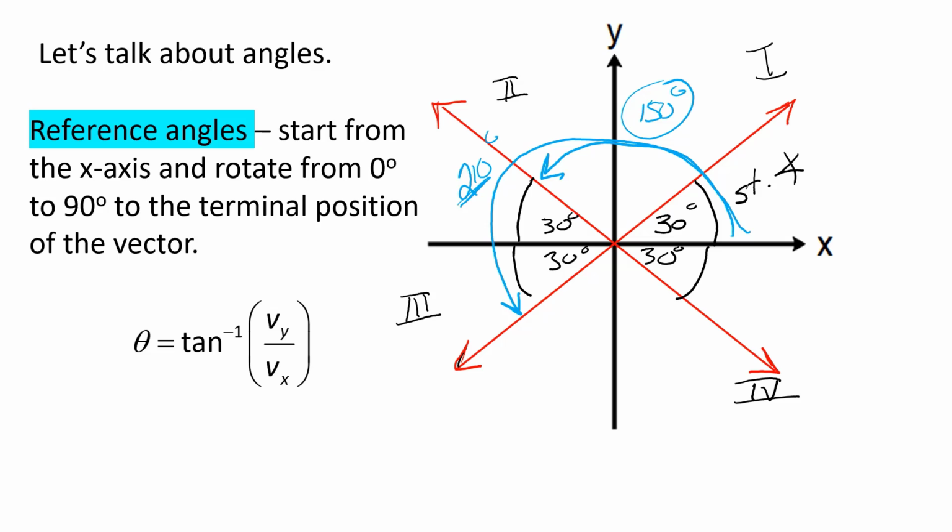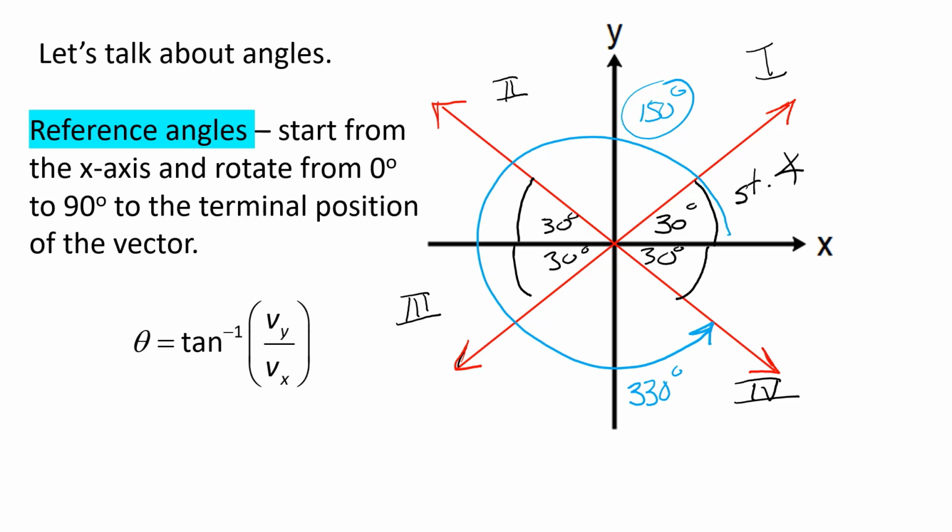In the fourth quadrant, if I continue this process, and get rid of some of these lines to reduce the clutter, this standard angle would be 330 degrees, and all I did was 360 minus 30. So this standard angle corresponds to a 30-degree reference angle in the fourth quadrant.